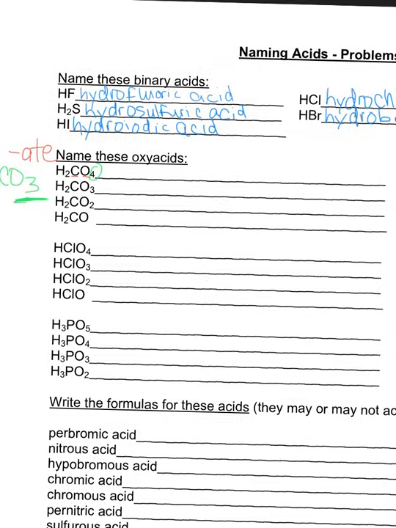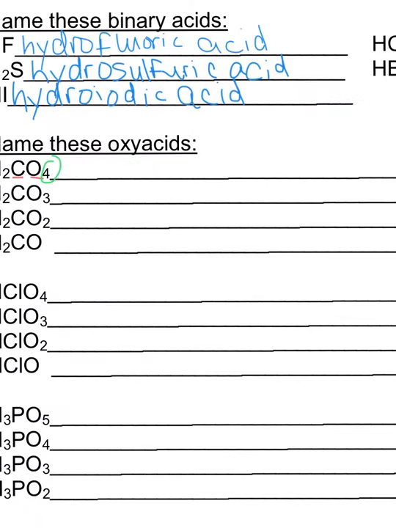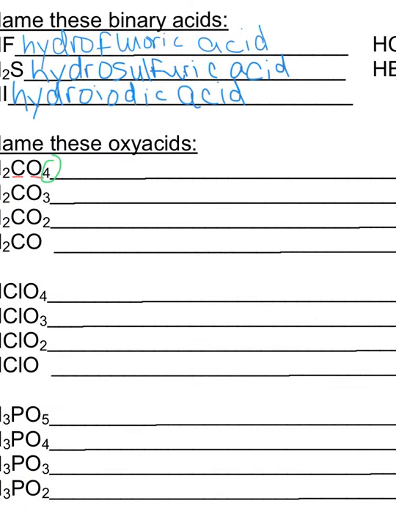That's how this one is going to be named. Per root and ic. Okay, so this one is going to be percarbonic acid. Per, then root of the ion name, and the ending is IC.